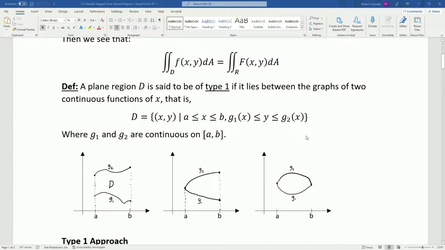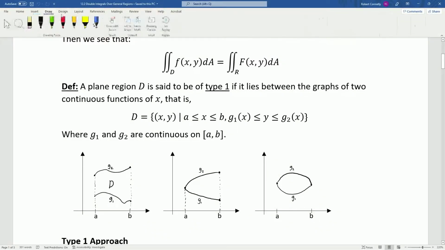So here, if we look at these pictures, we've got two curves, and the curves are bounded by a and b along the x-axis, and for any point x, y inside that region, for each x value, the y value corresponding will be between these two functions of x.